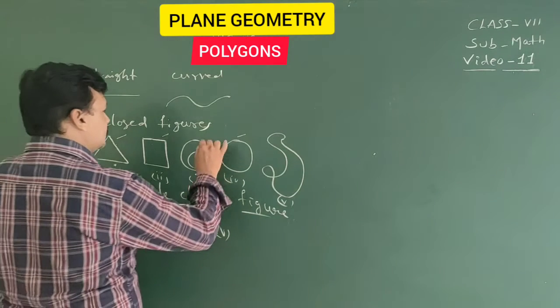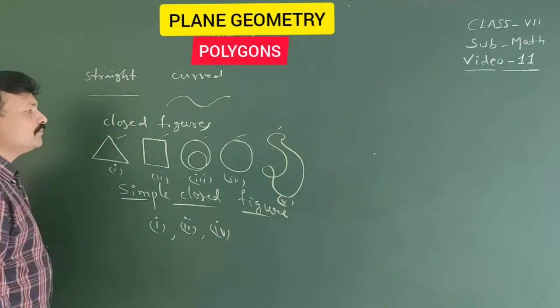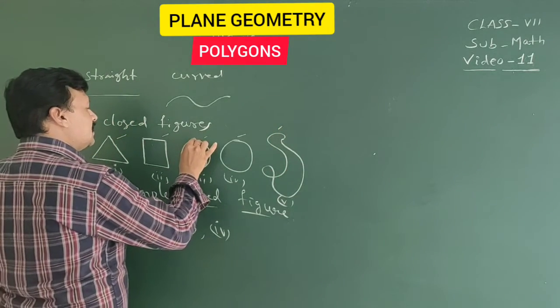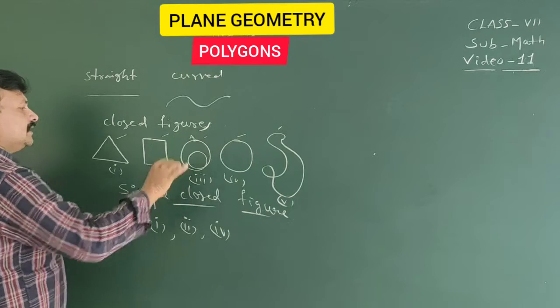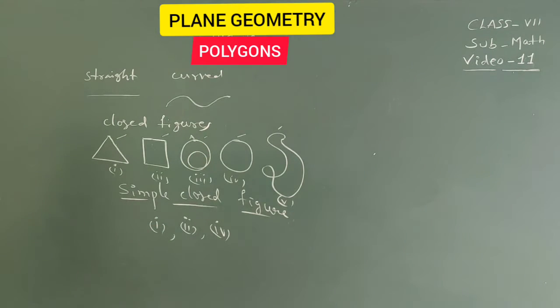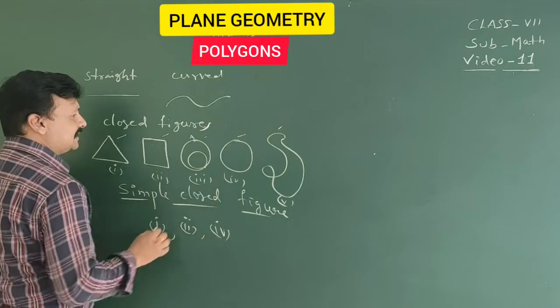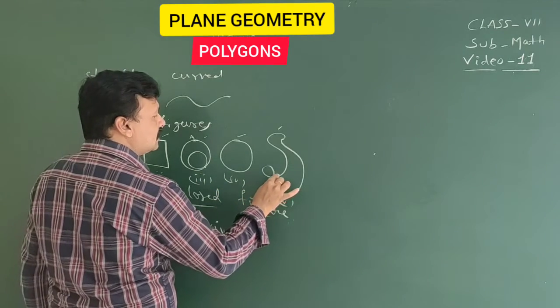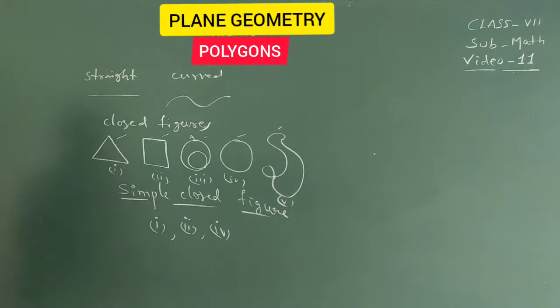But in the case of the third and fifth figures, they started at a point and ended at those points only, but here is another point of intersection. Here also another point of intersection is given. That's why those are only closed figures.